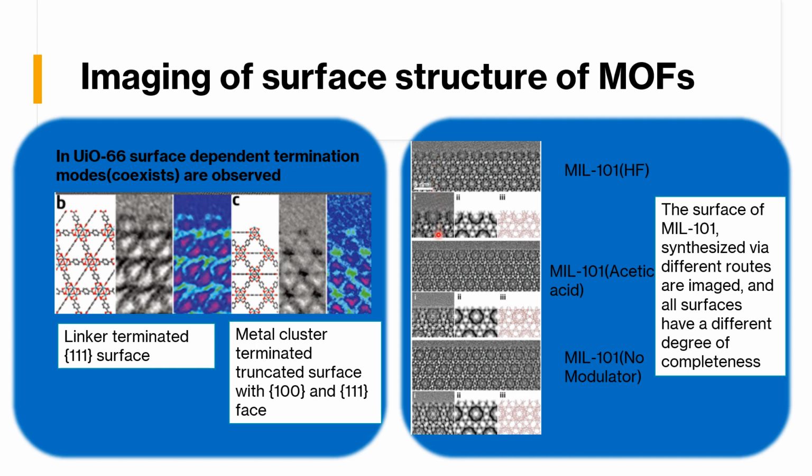This is the actual processed HRTEM image, this is the projected image, and this is the structural image for better understanding. So the nature of the actual surface was known by using HRTEM on the MOFs.